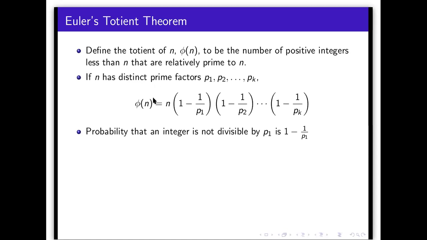The probability that some random integer is relatively prime to n is the probability that it's not divisible by any of its primes. So that total probability would be this product here. Then if we multiply it by the number of integers that we're considering from 1 to n, that's how we get that formula.